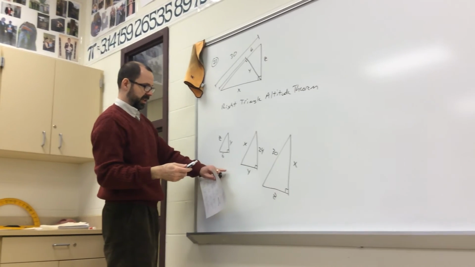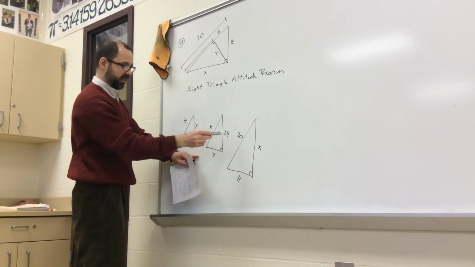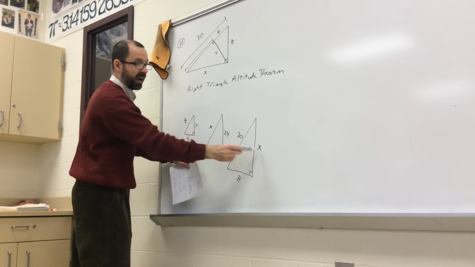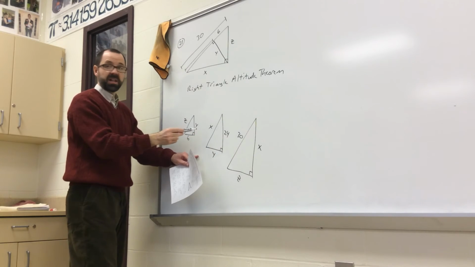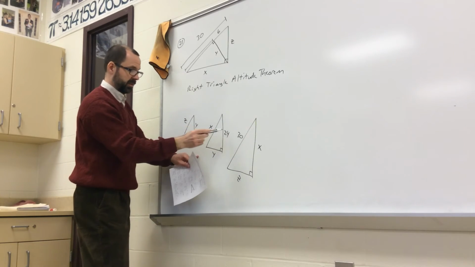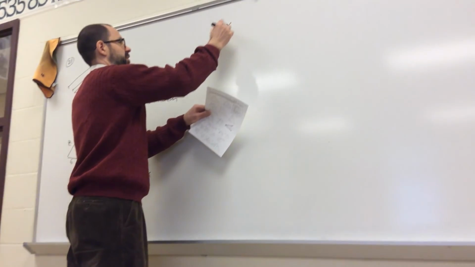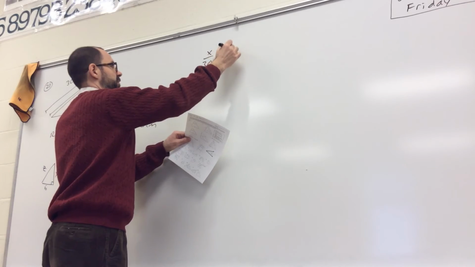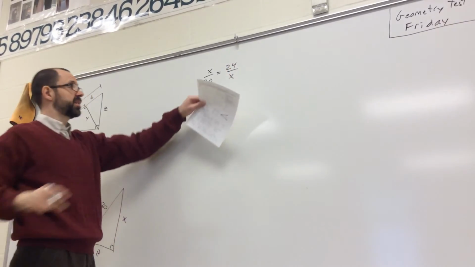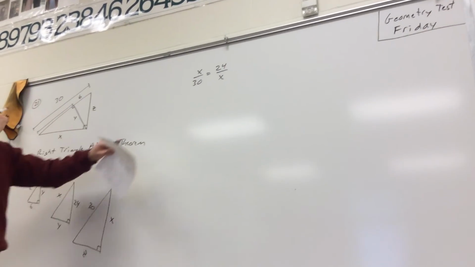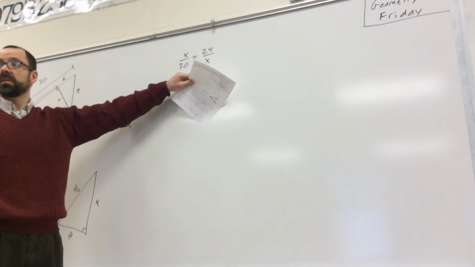So let's see, x over 30 equals 24 over x is one possibility. See that? And that's good because that's going to help us solve for x.